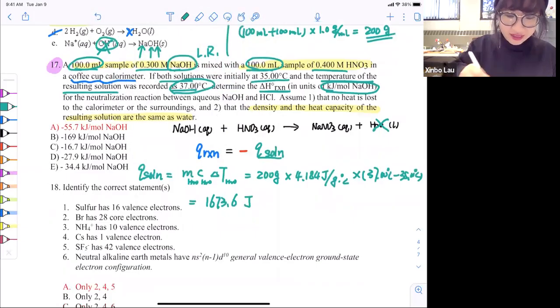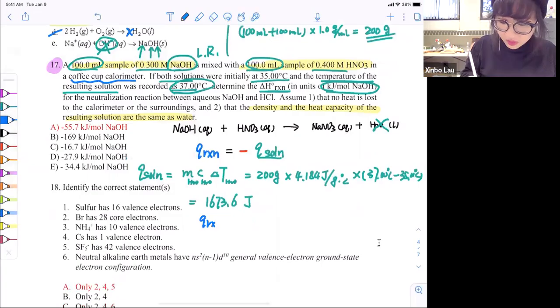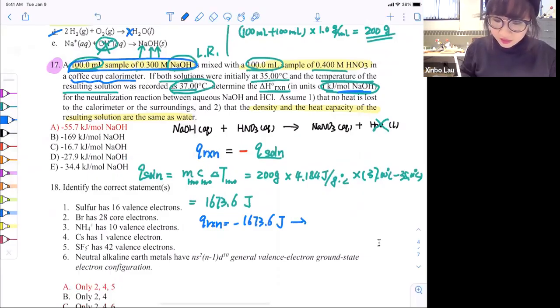But now let's continue. Set this up. Q of the reaction will equal negative 1673.6 joules. This is from what? That's the limiting reagent, so we can calculate based off sodium hydroxide. So this is coming from 100 ml of 0.3 molar sodium hydroxide.